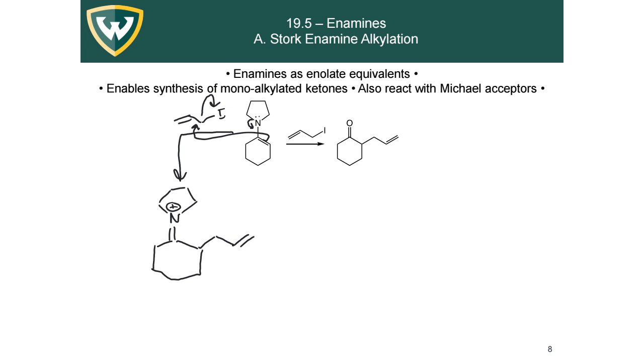Now this product is brought to the desired ketone or aldehyde by hydrolysis, and this hydrolysis mechanism is the reverse of the imine condensation that we learned in chapter 16.